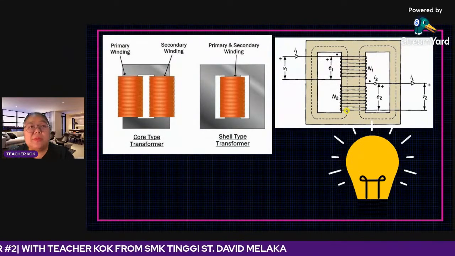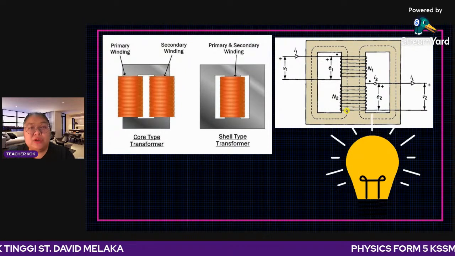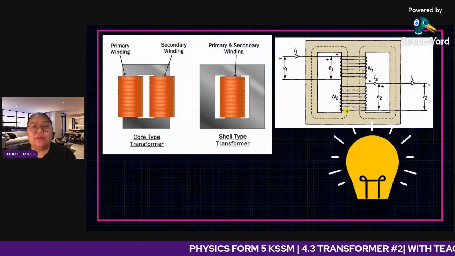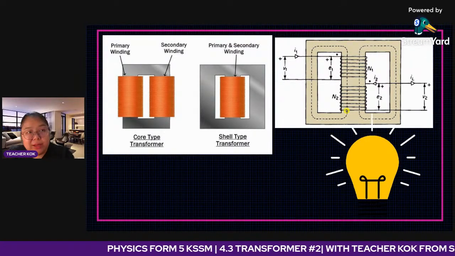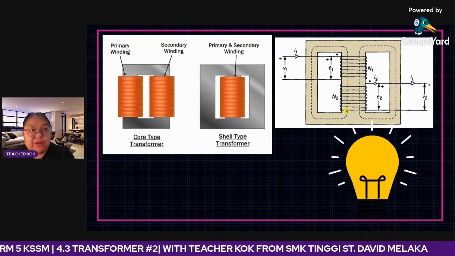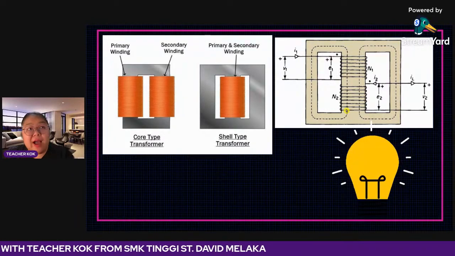We also need to think about how to overcome the problem. For resistance, we use thicker wire. Number two, for the eddy current, we use a laminated iron core to reduce the eddy current. Number three is hysteresis, we use a soft iron core.